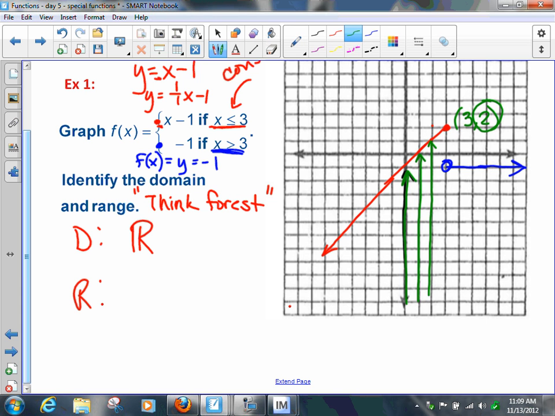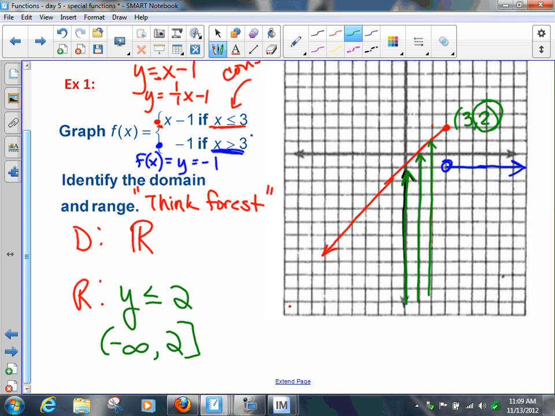My range is going, now I'm going to write it first. Y is less than or equal to 2. Now interval notation, which would be negative infinity to positive 2.